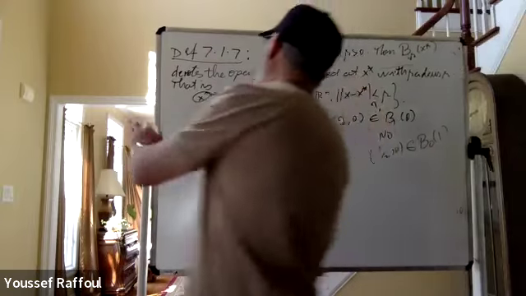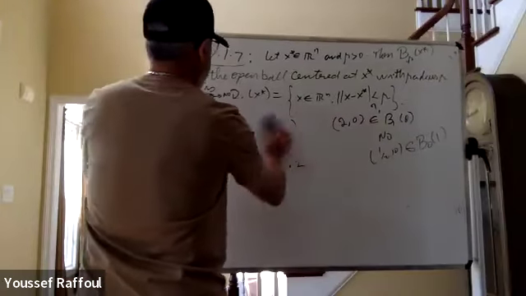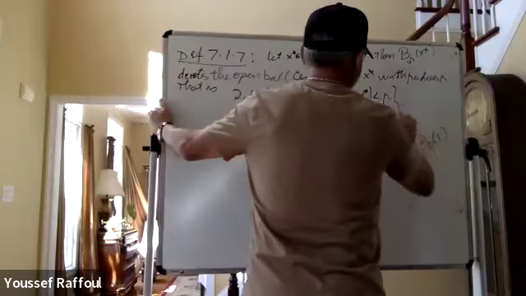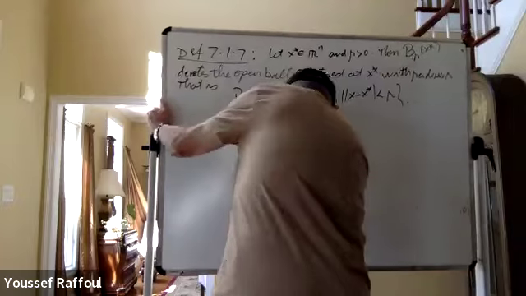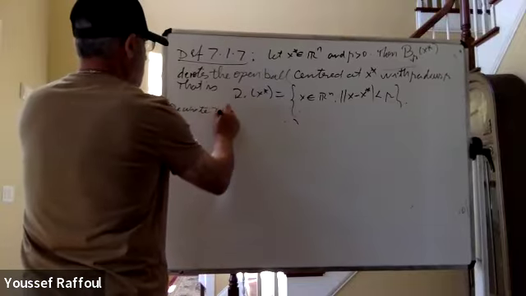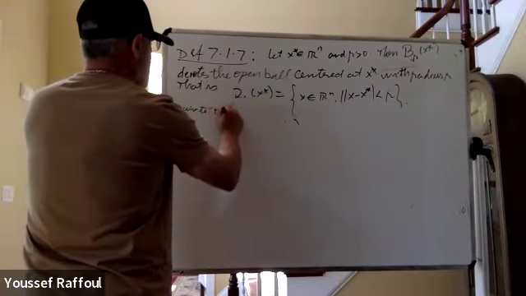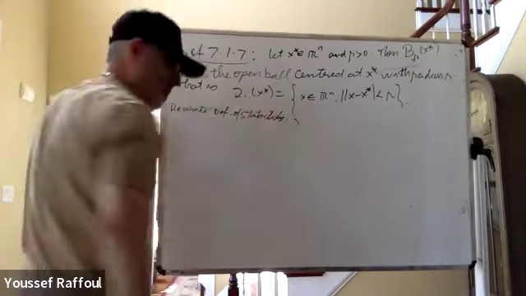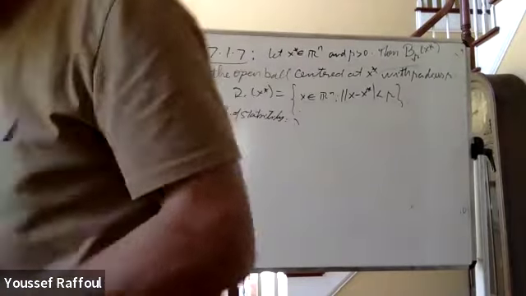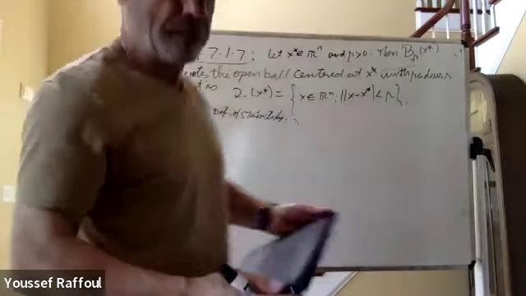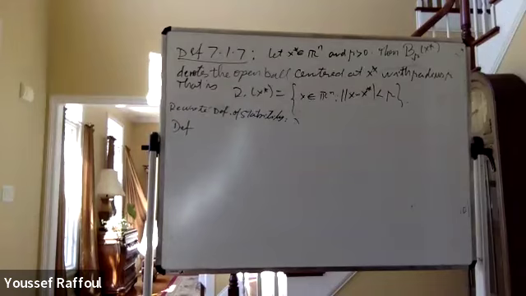So let's rewrite the definition of stability. Okay? This is Definition 7.18.